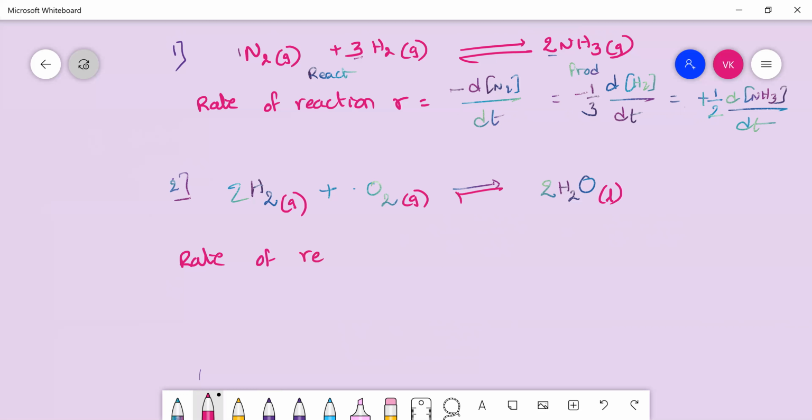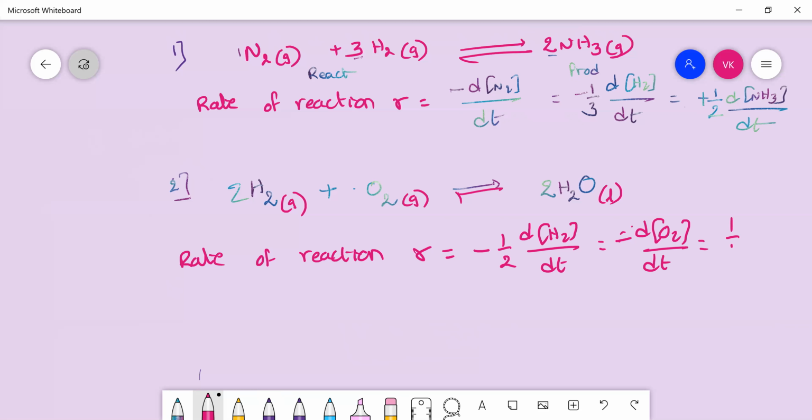So how can we write it? Negative 1 over 2, change in the concentration of hydrogen with time, that equals change in the concentration of oxygen with time, that equals 1 over 2, change in the concentration of the product, here water, with time.